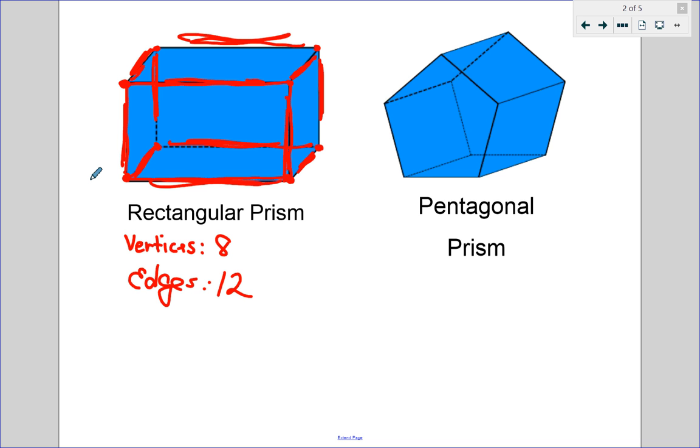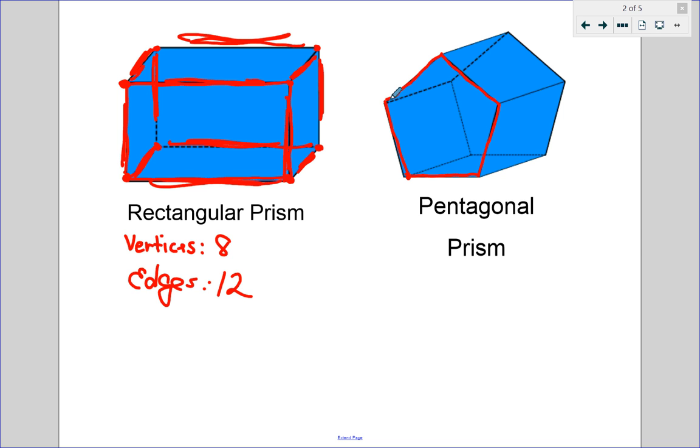When we look at the next one, this is what we call a pentagonal prism. And this is based on a pentagon. Hopefully you'll be able to see this pentagon here. We've got the line here, the line here, the line here, here, and here. And that makes up our pentagon. So it's called a pentagonal prism.